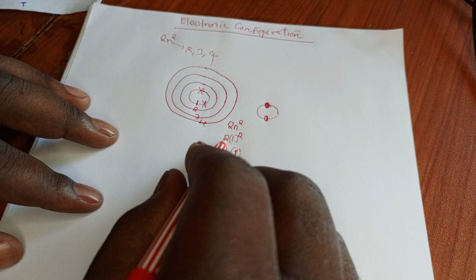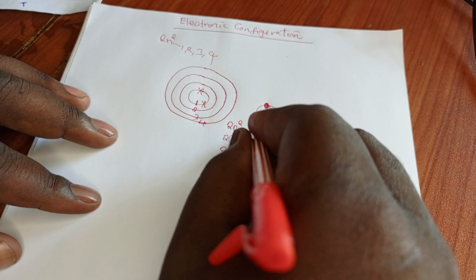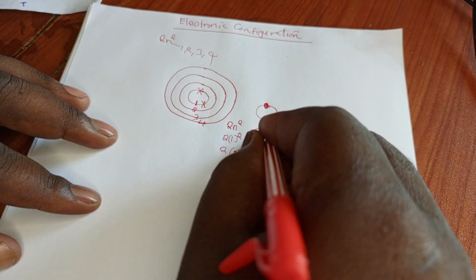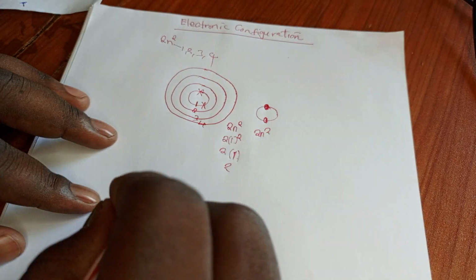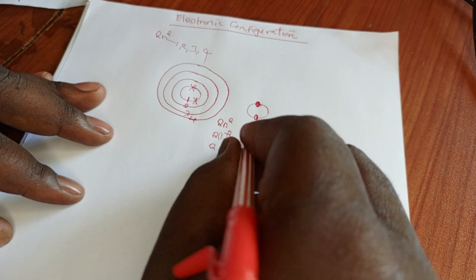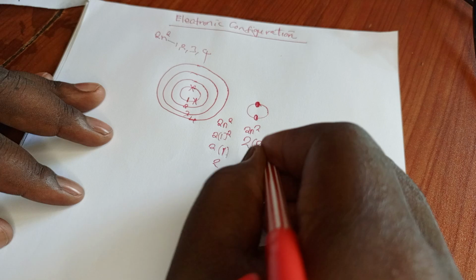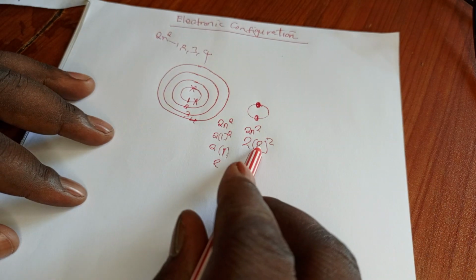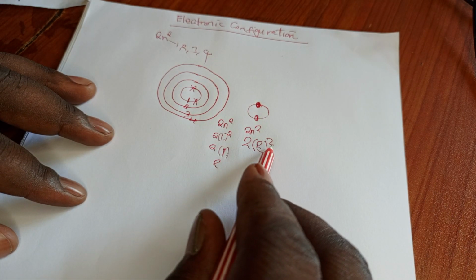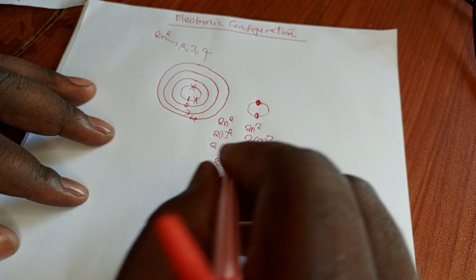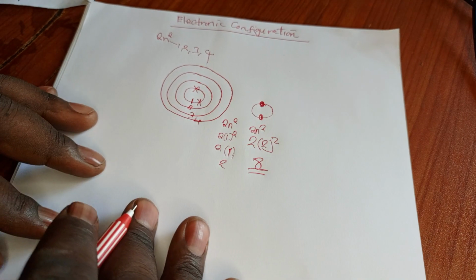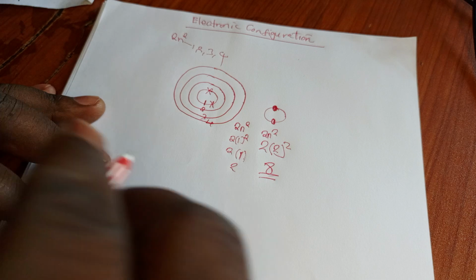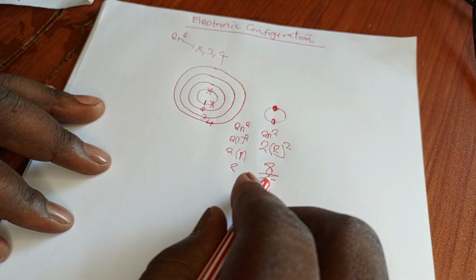Then for the second shell, again, I'm going to say 2n to the power 2. Then I'll say 2, n is 2 here, then to the power 2. So this means that 2 times 2 is 4, 4 times 2 is 8. So again, the second shell accommodates 8 electrons.